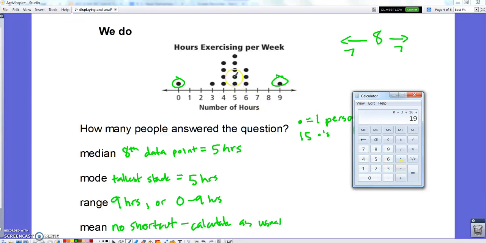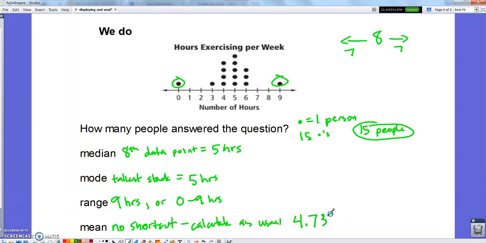Plus 5, 10, 15, 20, 25. Plus 6, 12, 18. Plus 9. So altogether they exercised 71 hours, and we already calculated that there were 15 people. So the average is right at 4, I'll round it to 4 7/10.